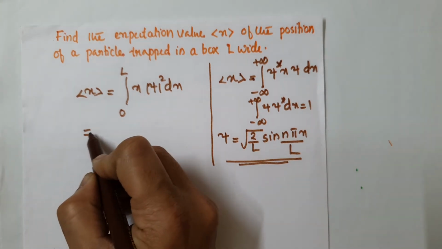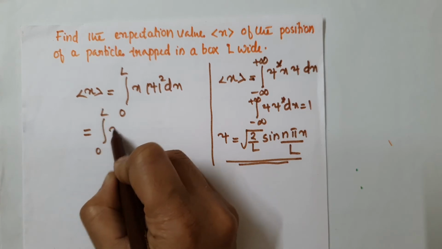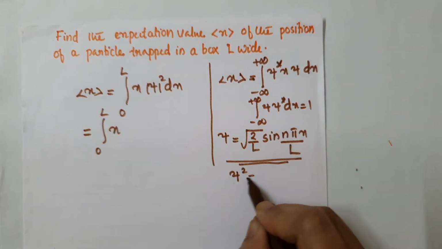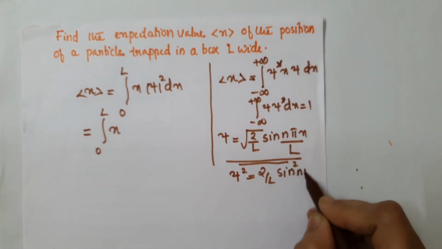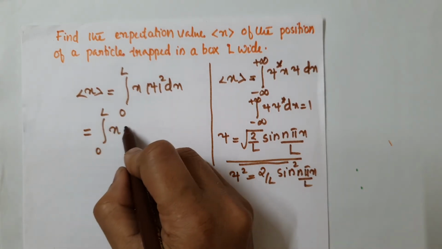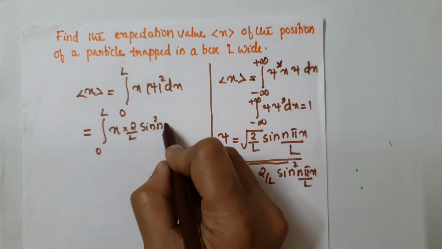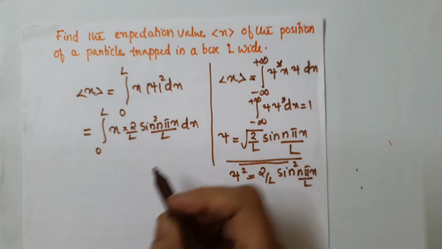And this equation will become integral 0 to L x psi square, which is 2 by L sin square n pi x by L dx.